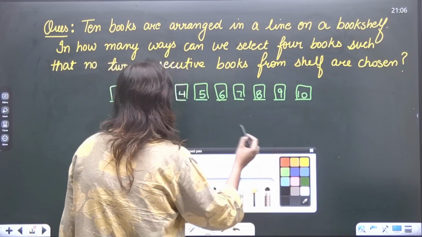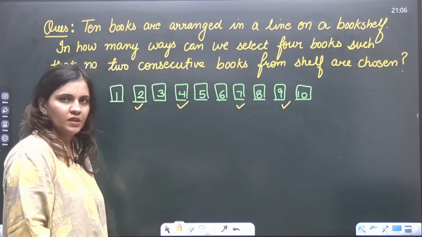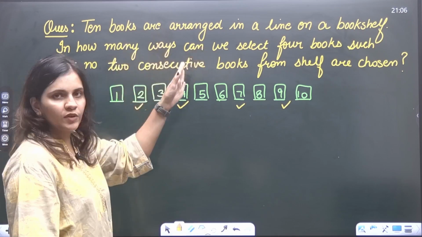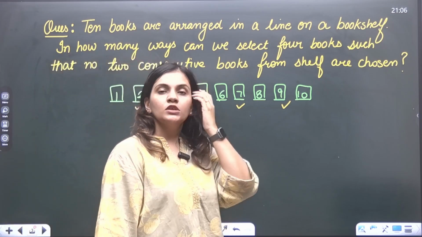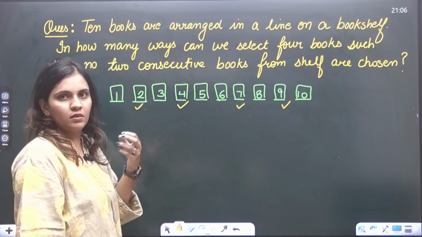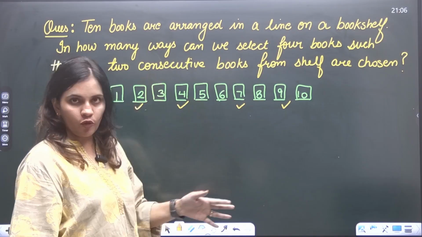For example, I can select the second book, fourth book, seventh book, ninth book, right? Out of a lot of ways, this is one of the outputs. So we just have to select one required output.